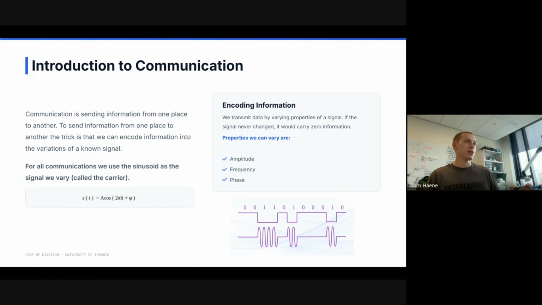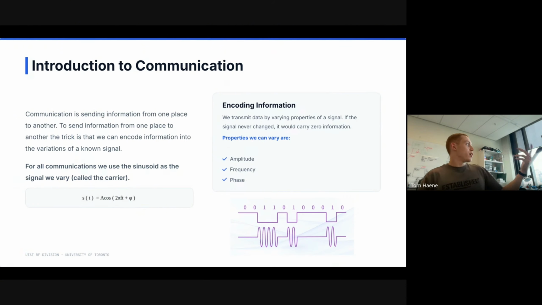Some clever people a long time ago realized that if you took a signal and varied it in a specific way, you could transmit information. This isn't a new concept. Think of your friend across the street at their window at night, let's say hypothetically, with a flashlight shining on and off in Morse code. We've seen that before, and that's a way you can transmit information. The same thing is true here with signals.